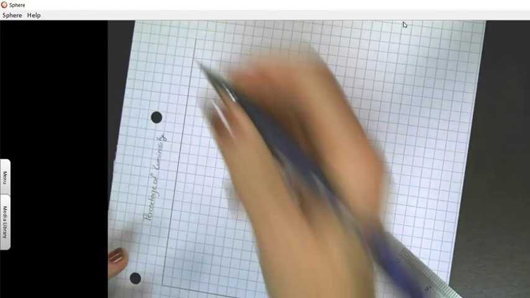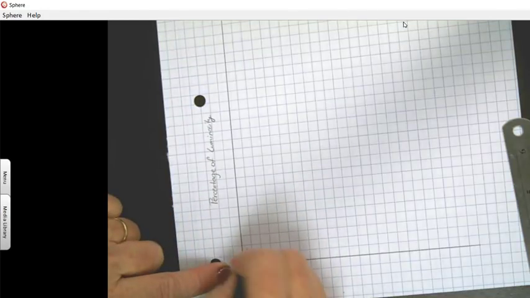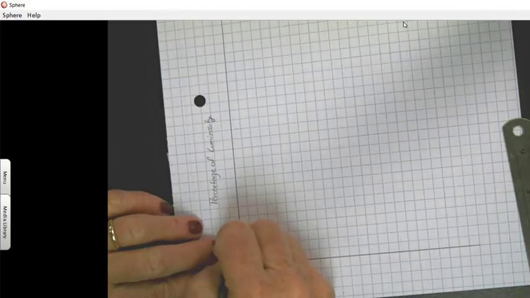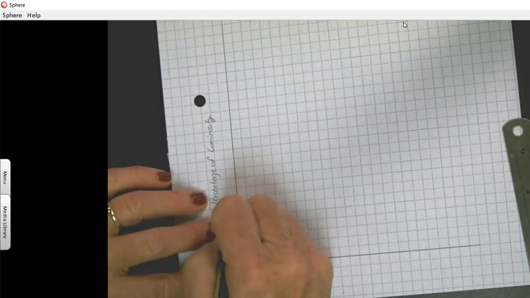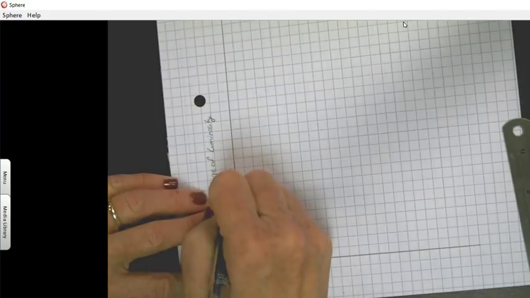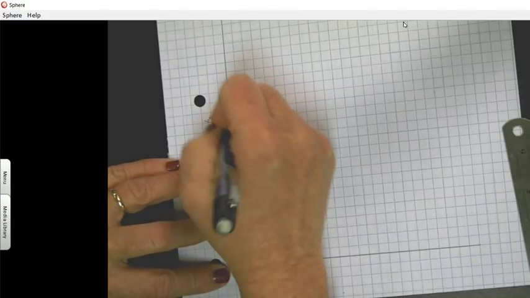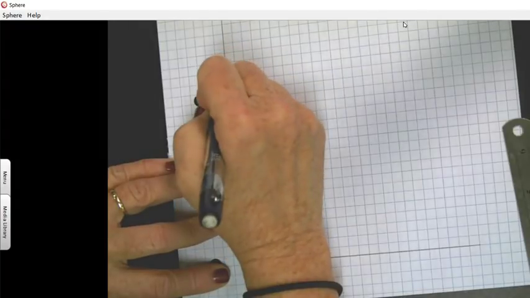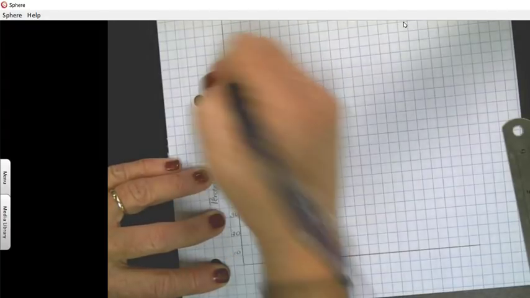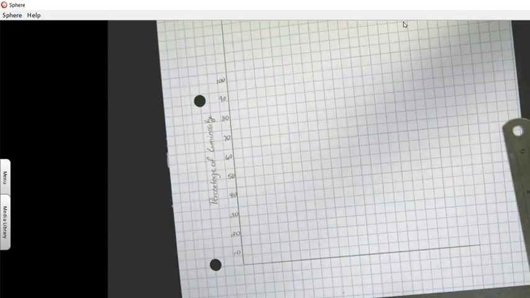And then I'm going to start zeros here. I'm going to do 10, skip a line, 20, skip a line, 30, 40, 50, 60, 70, 80, 90, and 100. I'm only going to go up to 100 because that's as much light as can go on a moon.